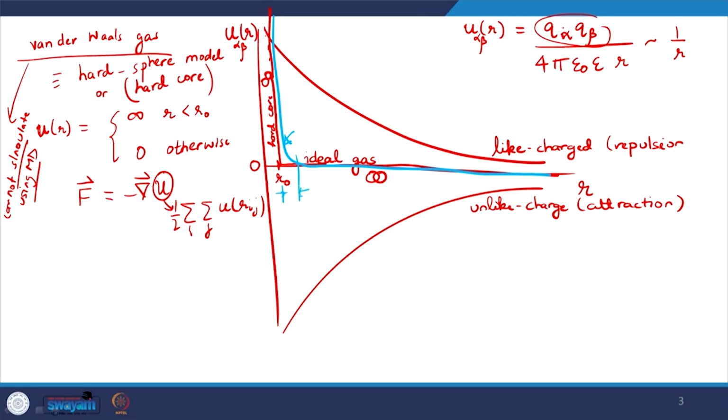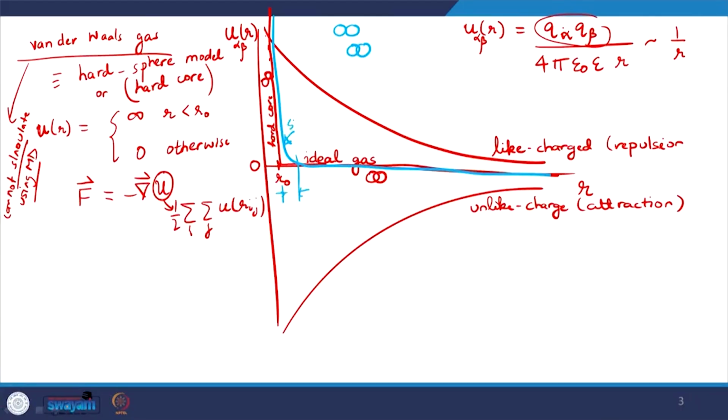What this means physically is that it is not that I do not allow overlap, but as soon as the overlap starts to happen, I will have a strong energetic penalty, as opposed to saying that you are either having 0 interaction or infinite interaction when they come in contact.